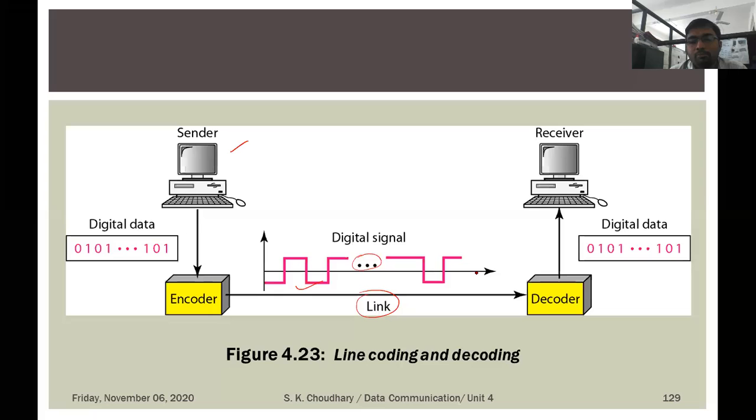Then it is received by the receiver as a digital signal that is requantized and decoded. After decoding, this signal is reconverted into the digital data that we actually transmitted from the sender, and it is received by the receiver. So this is the basic process that we use for line coding and decoding.